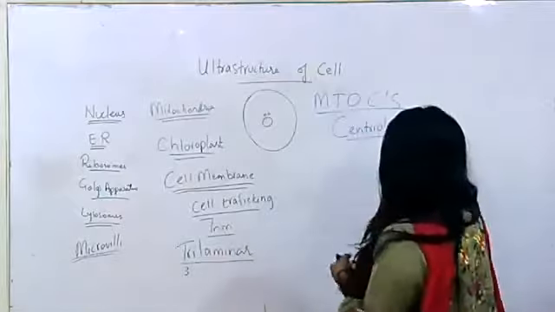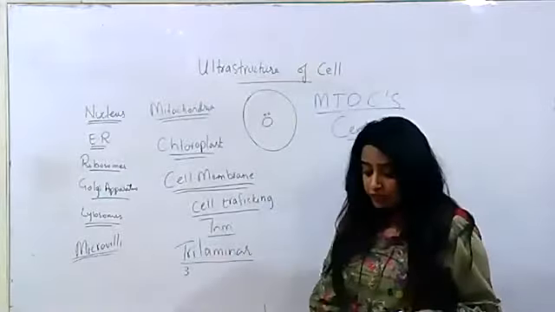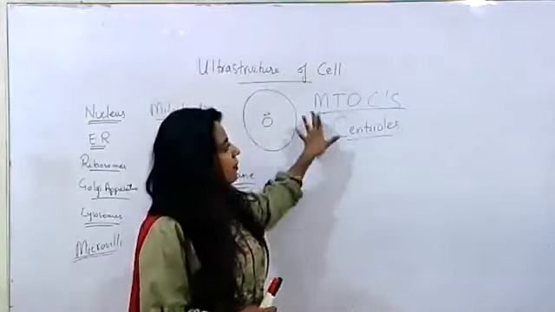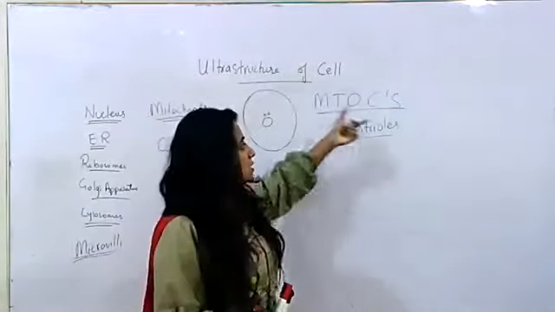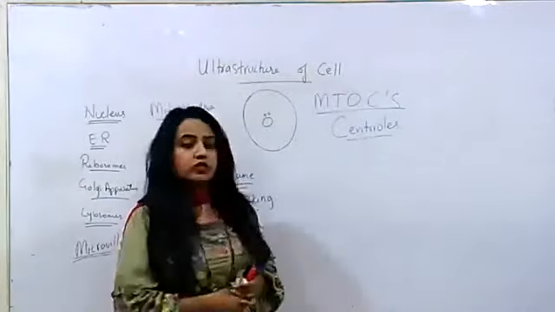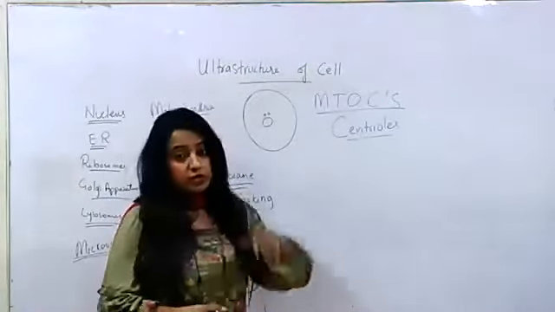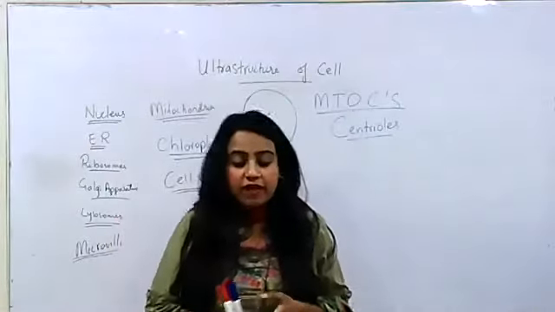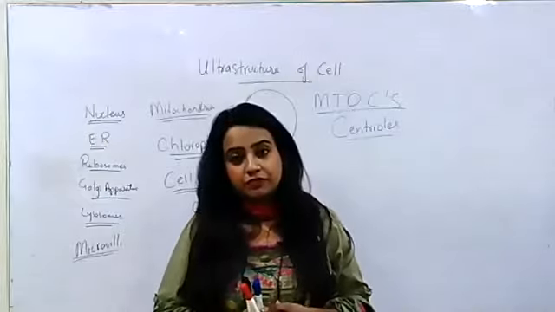Now, what we have to study is what these centrioles are made up of and what MTOCs are. What does MTOCs stand for? First and foremost, before we begin with centrioles, you need to know that like your body has a skeleton, every cell has a skeleton, right?